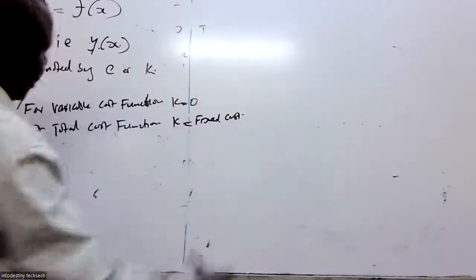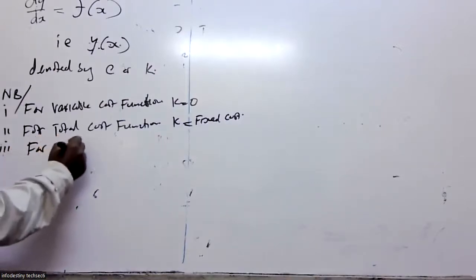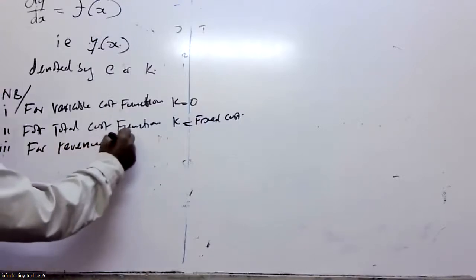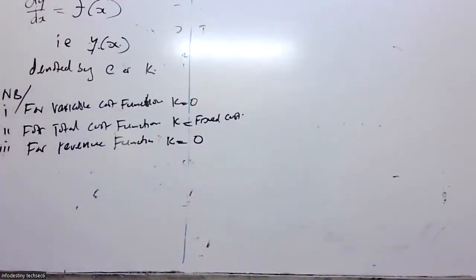Number 3, for a revenue function, K will be equal to 0. So when you integrate, this constant will be 0 for variable cost, equal to the fixed cost for total cost, and 0 for revenue.